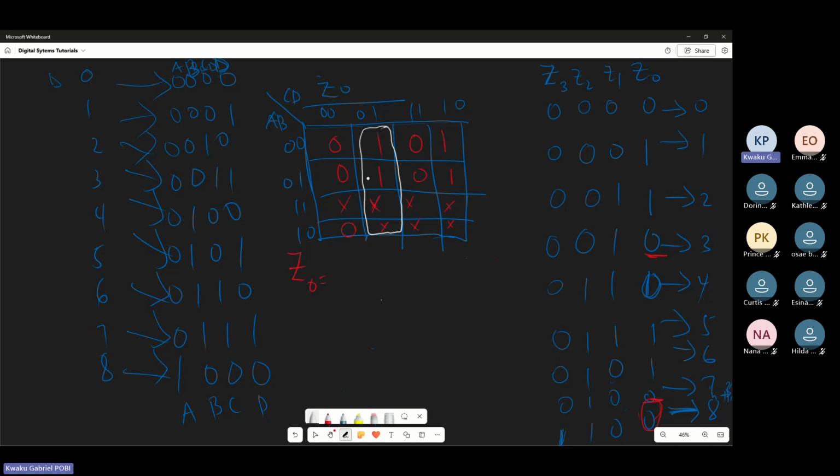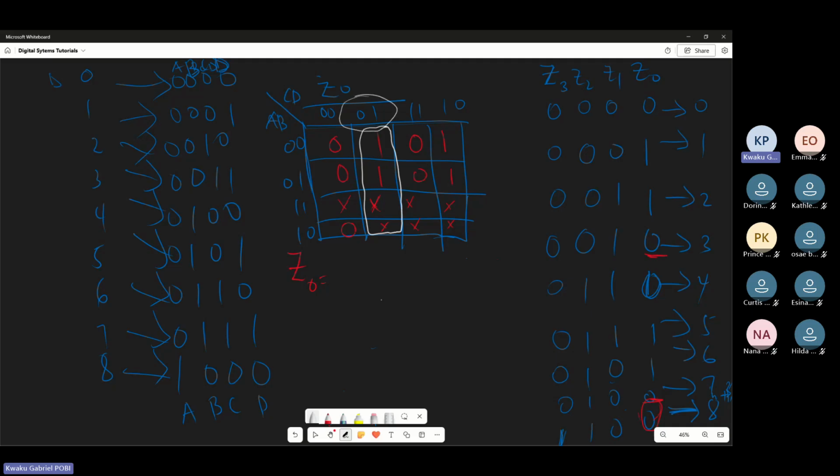So here, when I minimize, A and B are changing from here all the way down. So they wouldn't even be taken into consideration because A is changing from 0 to 1. When you move from top to bottom, B is also changing from 0 to 1, 1 to 0. So we wouldn't take them into consideration.